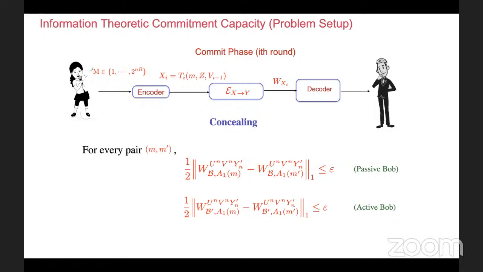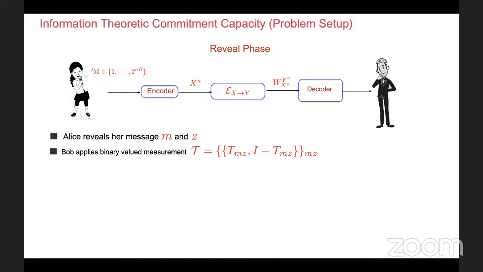Basically, this condition ensures that Bob is not able to learn anything about the message Alice is trying to send to him. Here we assume two kinds of cases: passive Bob and active Bob. By passive Bob, we mean that Bob is being honest, and by active Bob, we mean that Bob is behaving in an arbitrary way and is trying to cheat Alice.